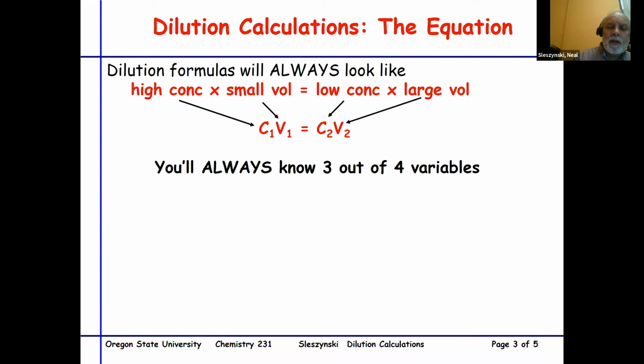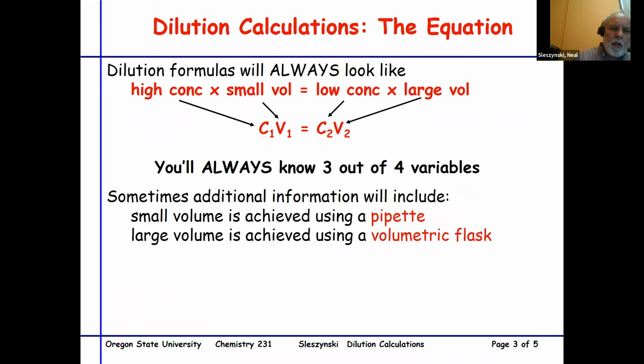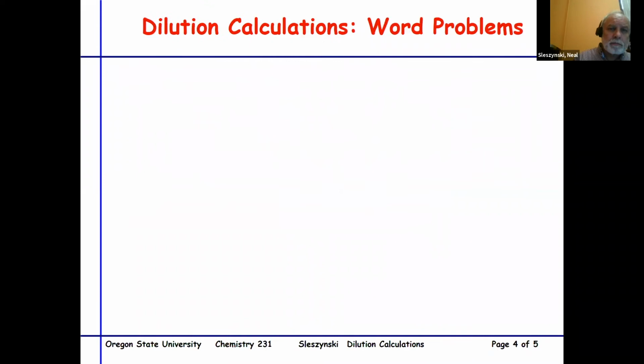When doing these calculations, you will always know 3 out of these 4 variables. Sometimes we'll give you additional information that the small volume is achieved using a piece of glassware called a pipette, or that the large volume is being achieved using a piece of glassware called a volumetric flask.